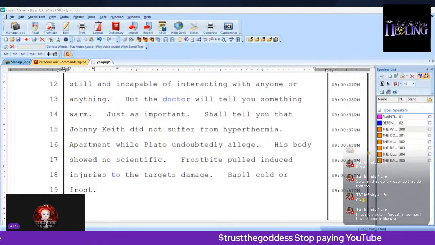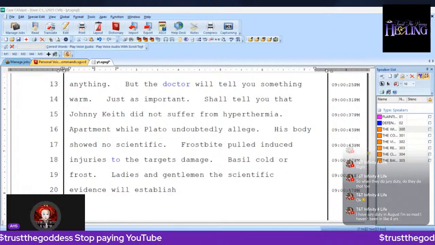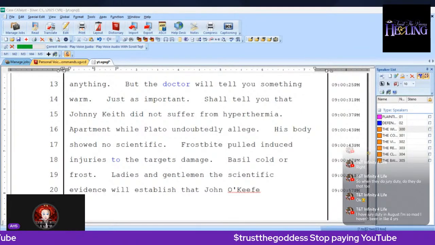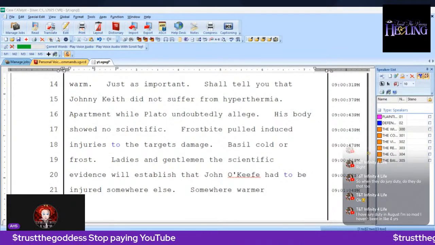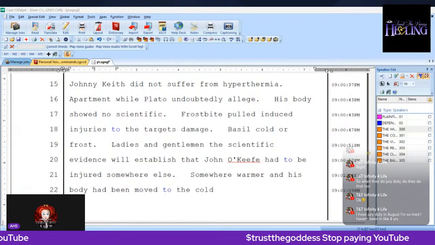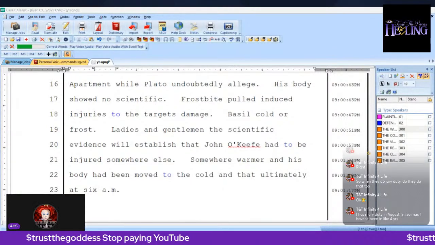Ladies and gentlemen, the scientific evidence and the medical evidence will establish that John O'Keefe had to be injured somewhere else, somewhere warmer, and his body had to have been moved out into the cold. And that's where, ultimately at 6 a.m., Karen found him the next morning.